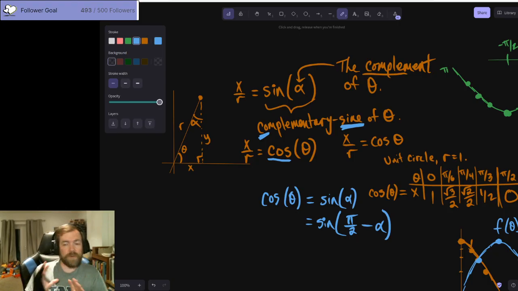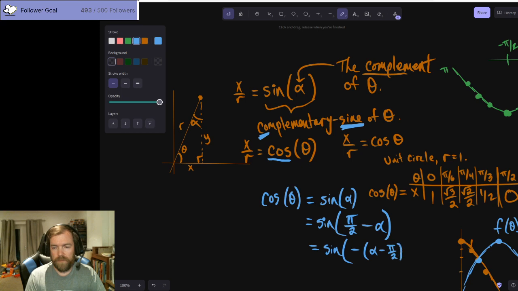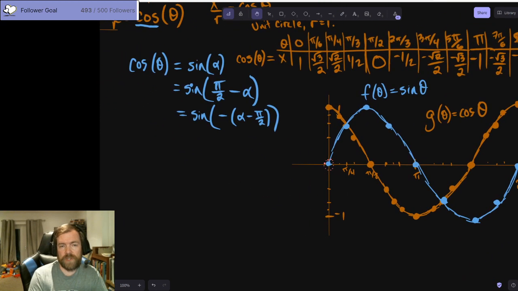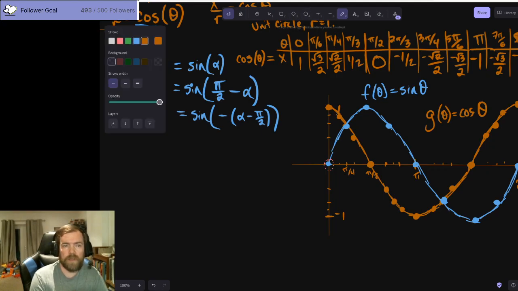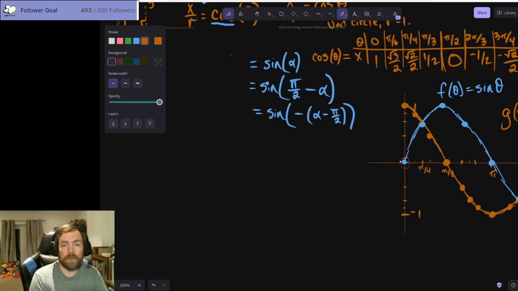Which, given the way that function transformations work, is going to be the sine of negative parentheses alpha minus pi over 2. We're going to take our other color, cosine of theta, our G in the orangey color over there.